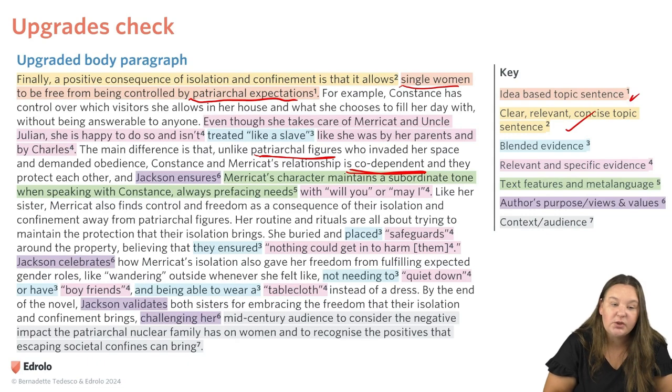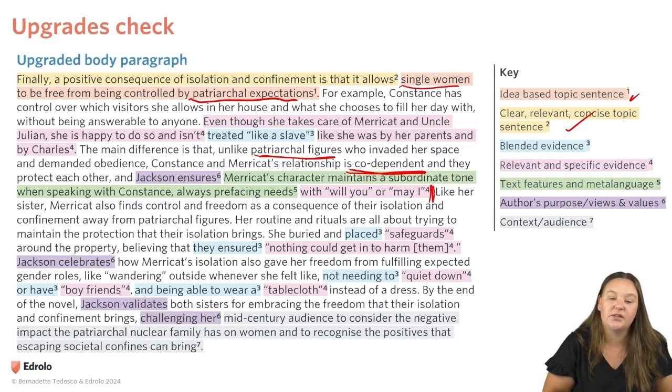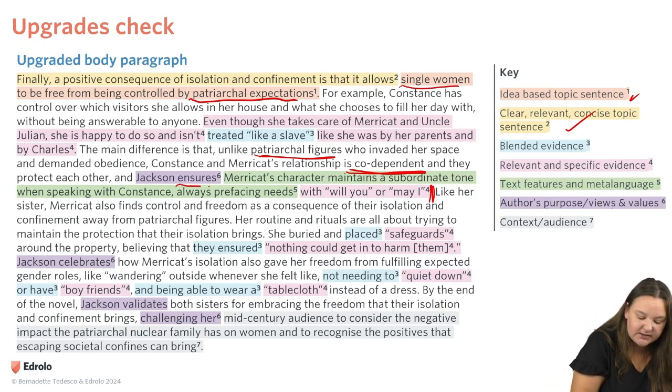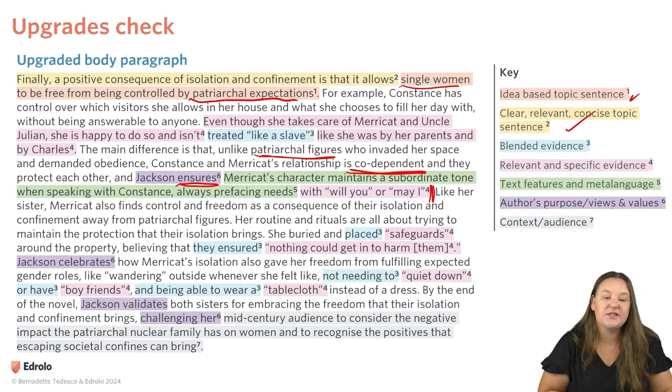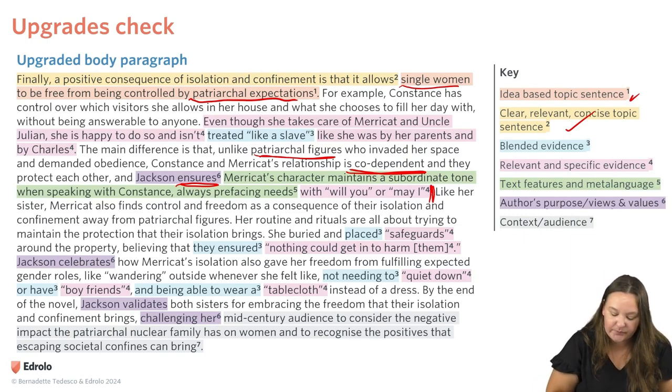And Jackson ensures Mary Kat's character maintains a subordinate tone when speaking with Constance, always prefacing needs with, will you or may I? And so I explained how that was a relevant text feature, that subordinate tone that Jackson makes sure Mary Kat always uses. And by saying that she's ensuring it, I'm saying that she supports this relationship, this codependent relationship.